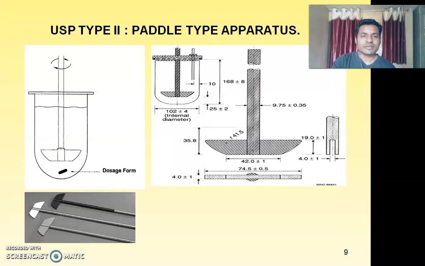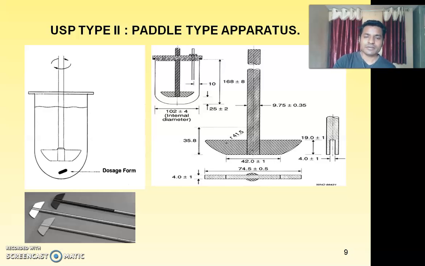Now we move toward the second type, that is the paddle type apparatus. Both of these apparatus we discuss in this video are according to USP, so the name is USP type 2, paddle type apparatus.